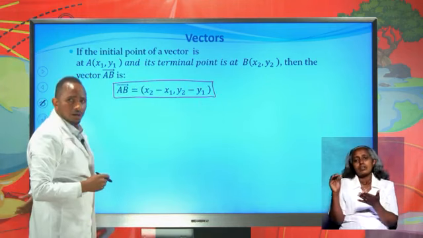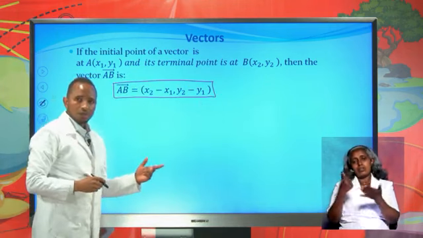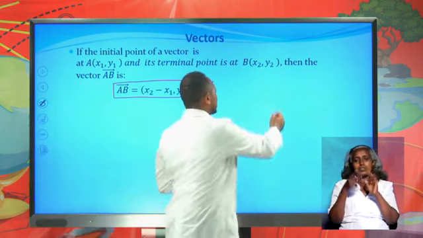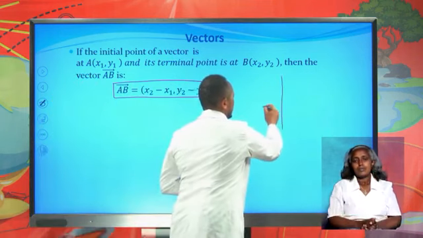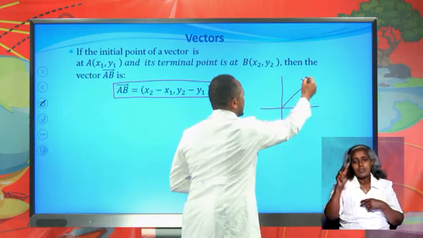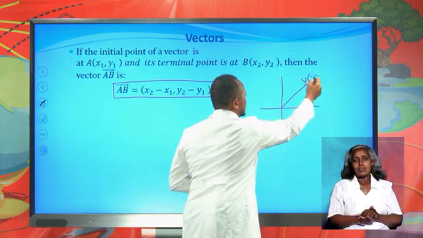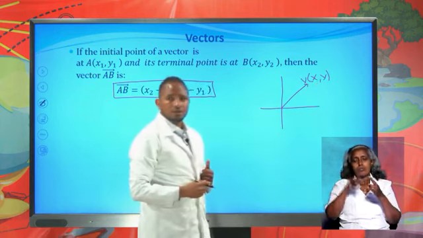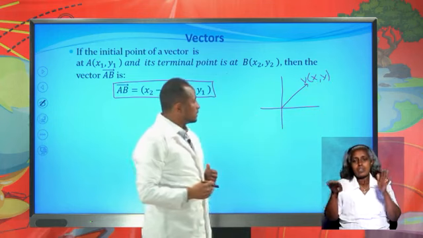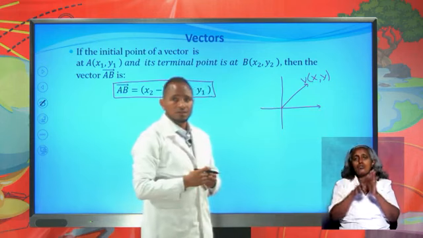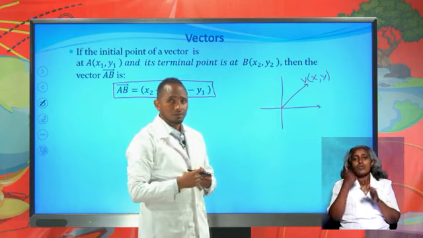And I can write this using a unit vector representation. If we have a vector v whose coordinate is x, y, to write this in unit vector representation, you need to know what a unit vector is. A unit vector is a vector whose magnitude is 1.